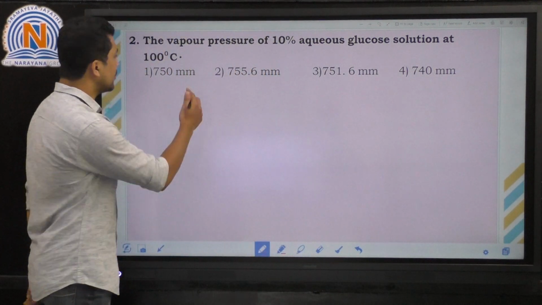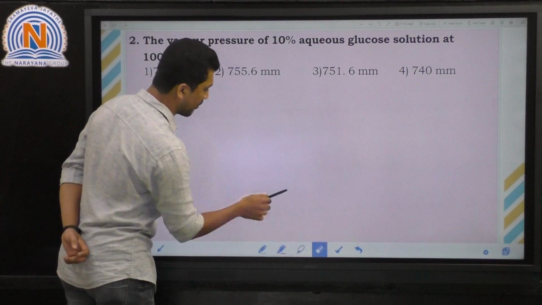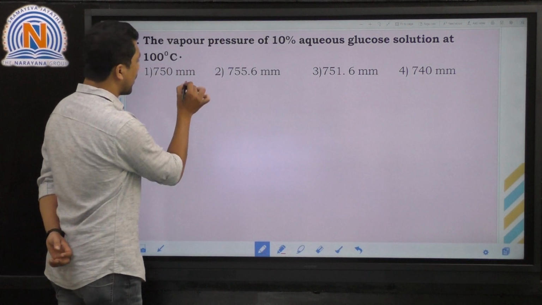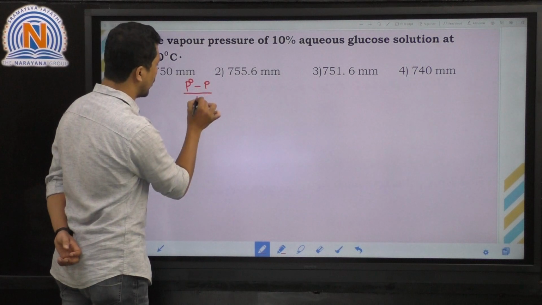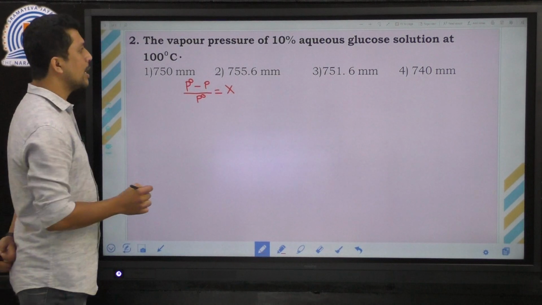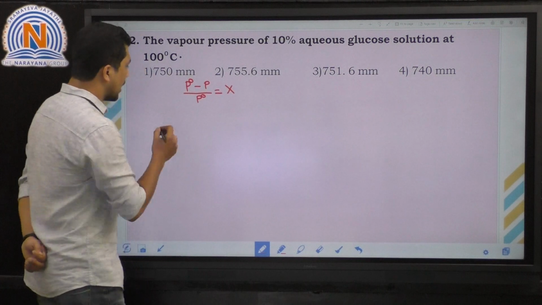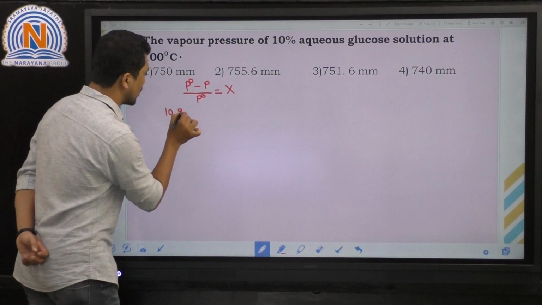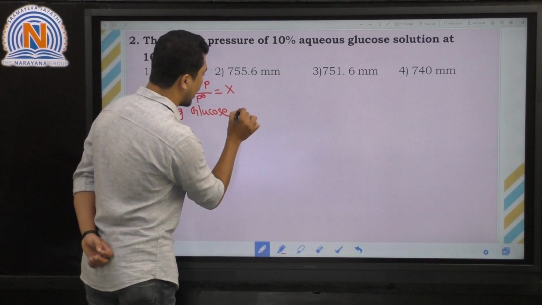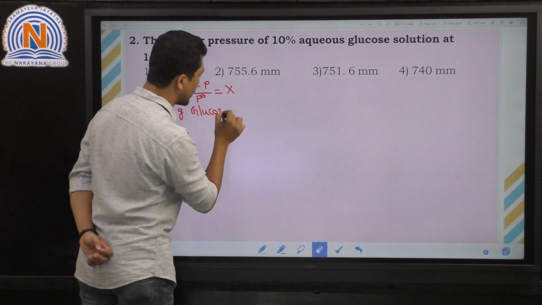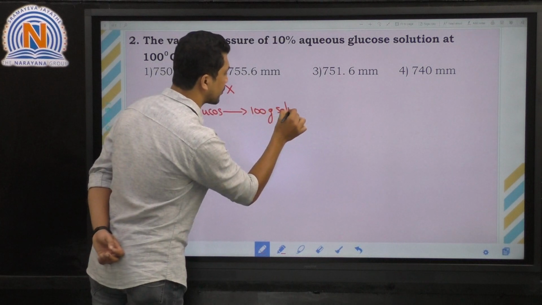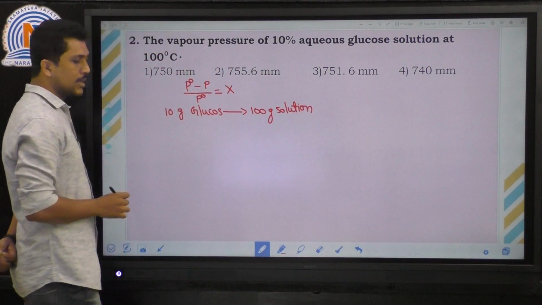According to Raoult's law, P0 minus P whole by P0 equals the mole fraction. A 10% aqueous glucose solution contains 10 grams of glucose dissolved in 100 grams of solution.